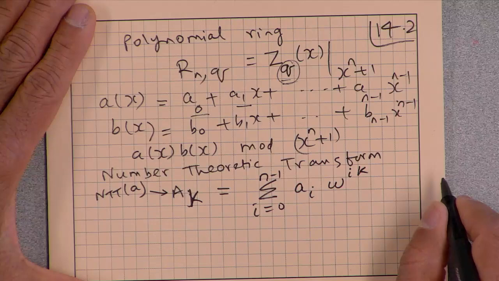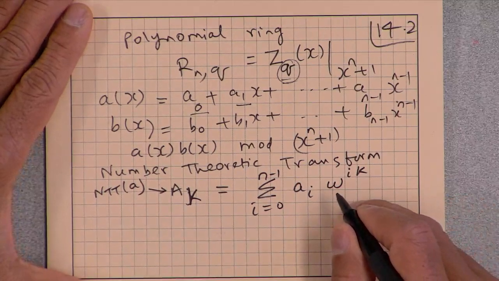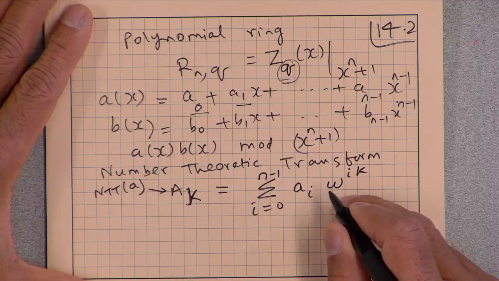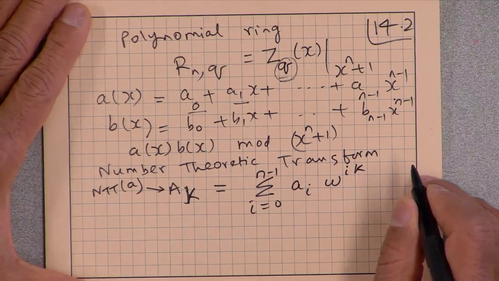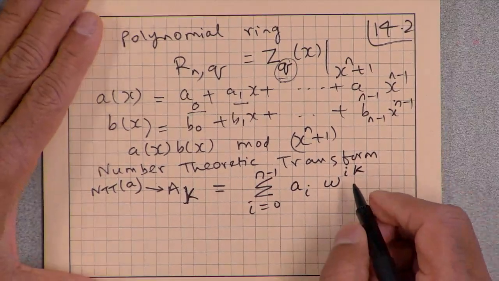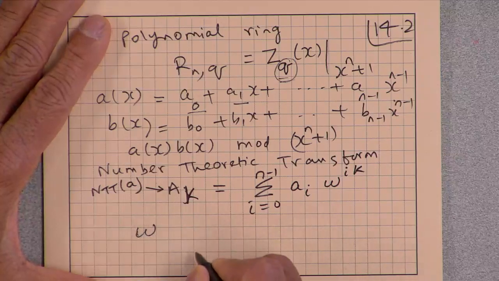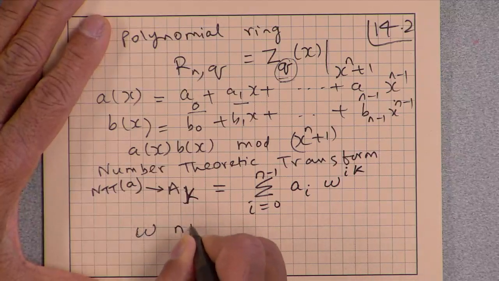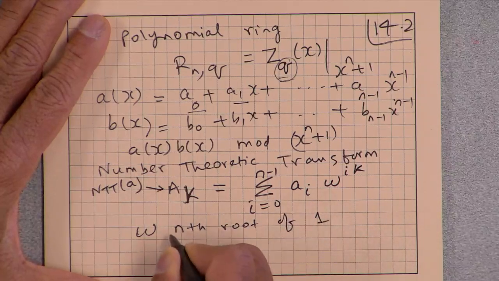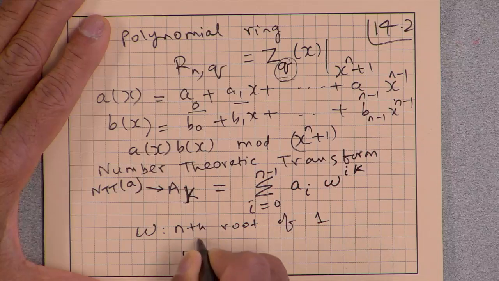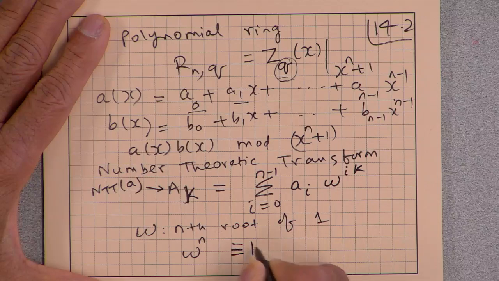So instead of dealing with the basis as the complex exponentials in the DFT computation, omega is simply the nth root of unity. That means omega to the power n mod q is equal to 1.